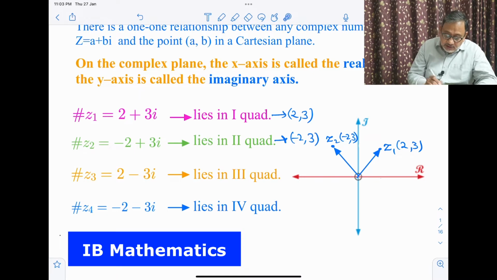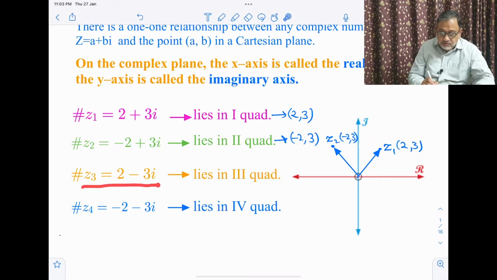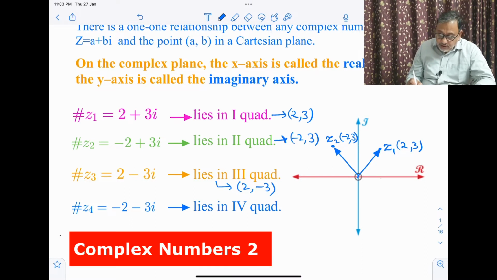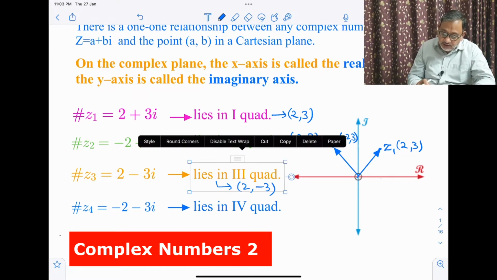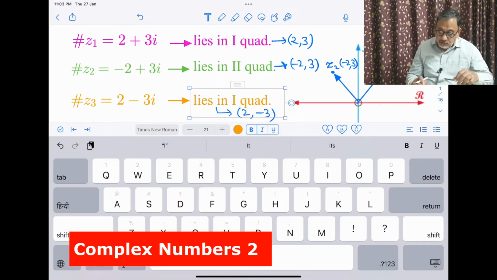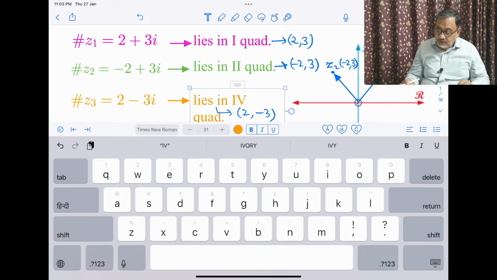Then Z3, the complex number 2 minus 3i, will have a one-to-one relation with the point 2 comma minus 3. I said the third quadrant, but let me correct my mistake.